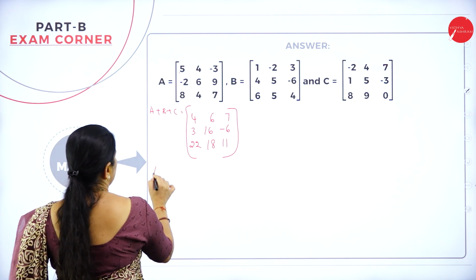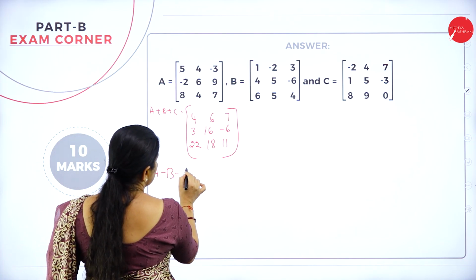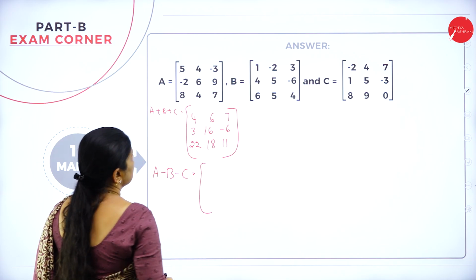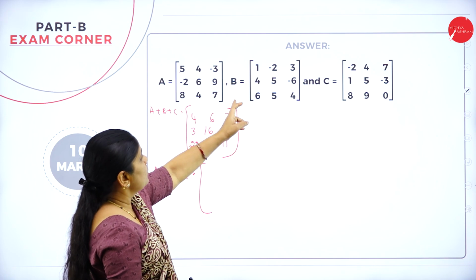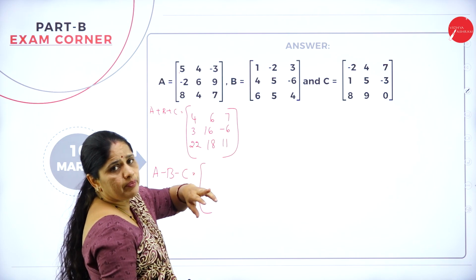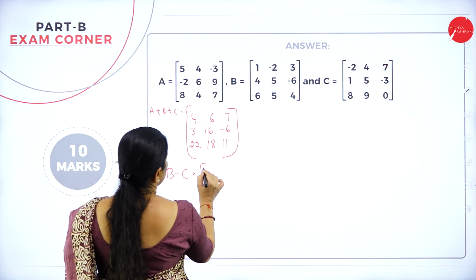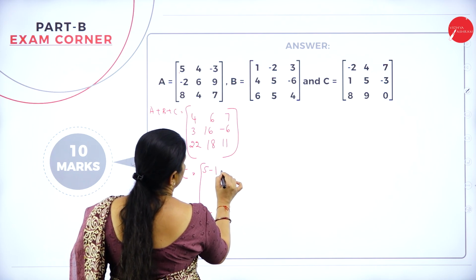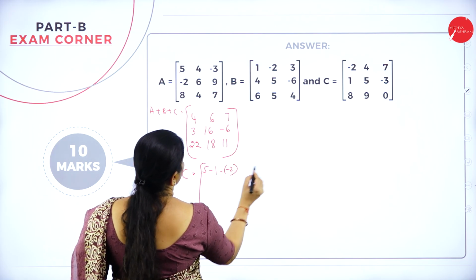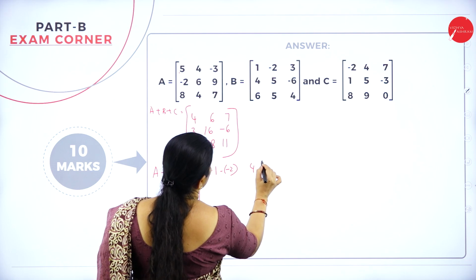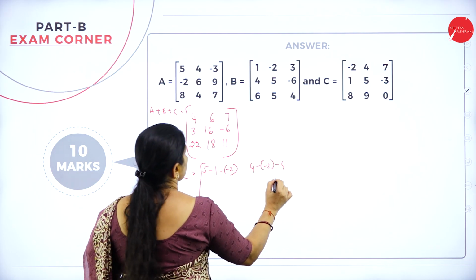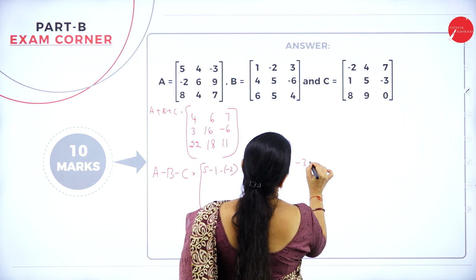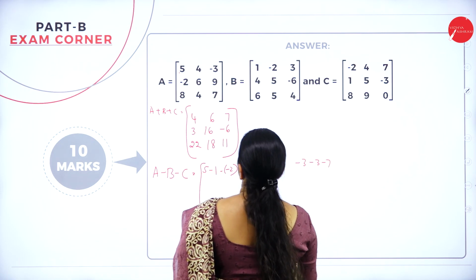Now the next one, they have asked A minus B minus C. So this will be 5 minus 1 is 4. 4 minus of minus 2, 4 plus 2. So I can write it as 5 minus 1 minus of minus 2. Then 4 minus of minus 2 minus 4. Then minus 3 minus 3 minus 7.